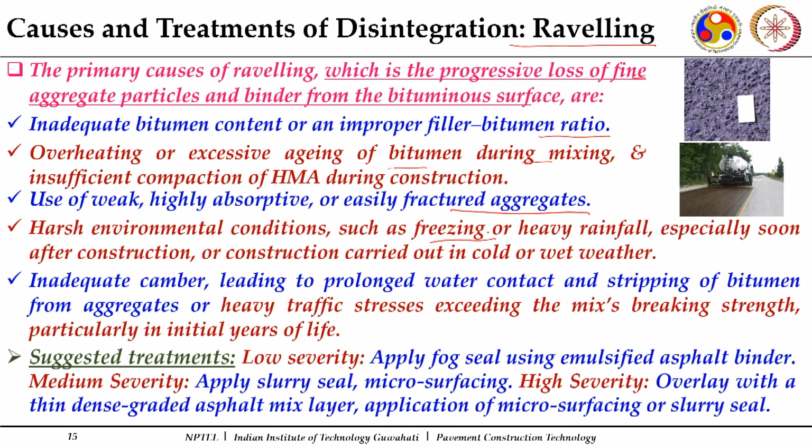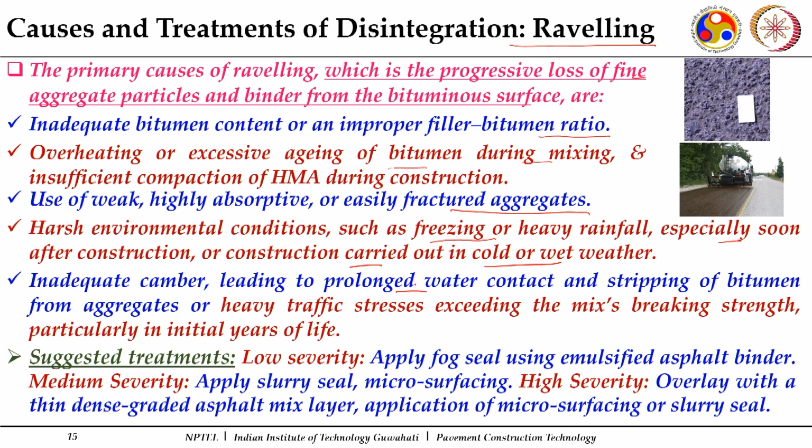Harsh climatic conditions can contribute if surface voids, slight surface deformations or cracks are there, and under rainfall events some freezing happens, which fractures and breaks your fines and can lead to raveling. It can also happen if construction activities are taken up in cold or wet weather, when the compaction is not done properly and that retains water in those surfaces.